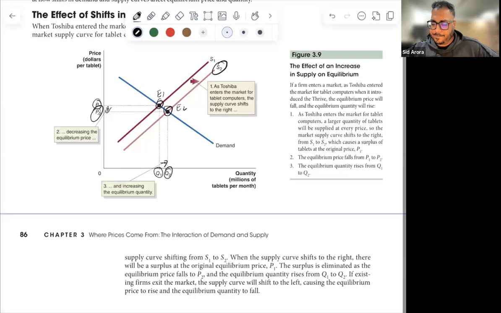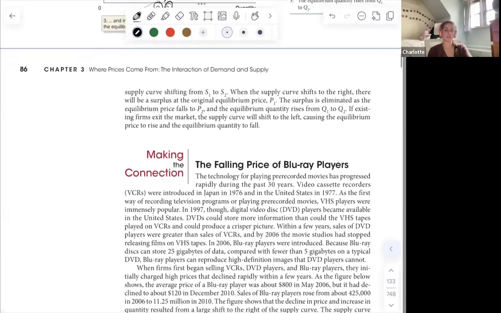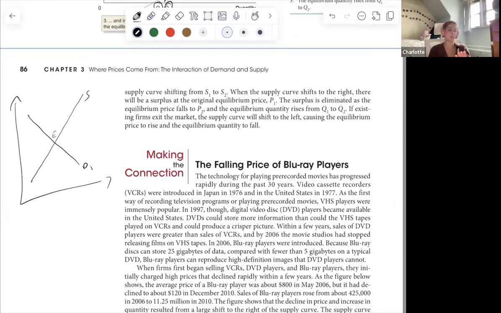That will create a new equilibrium more towards the left side of the graph. If the demand does move over, it creates an equilibrium that's more leftward of what it is now.